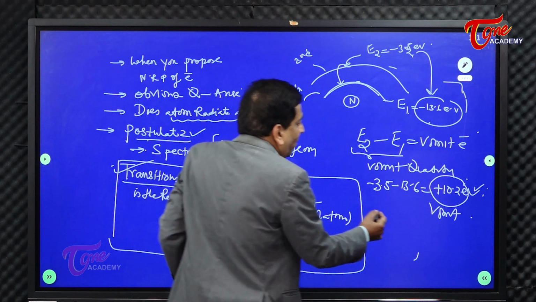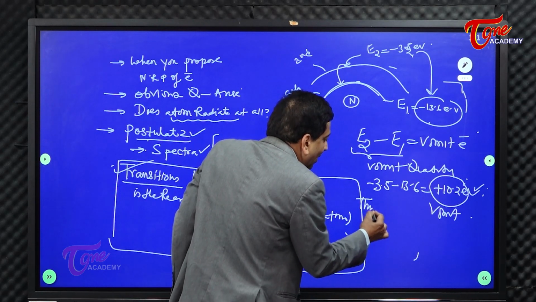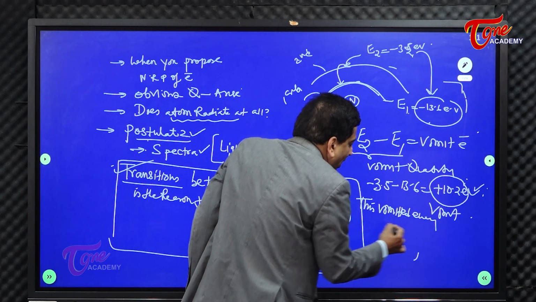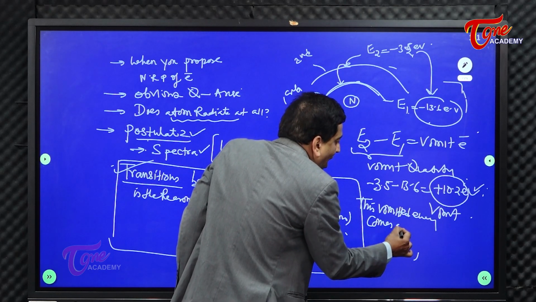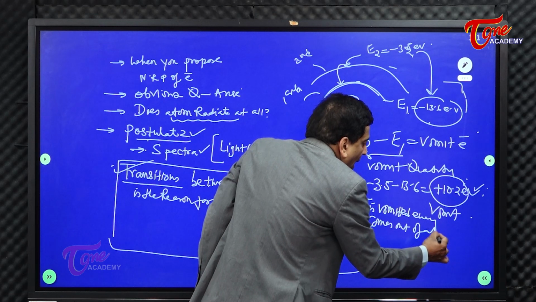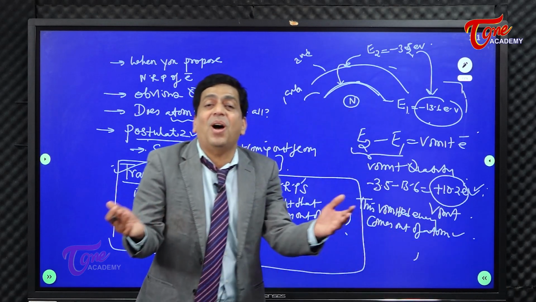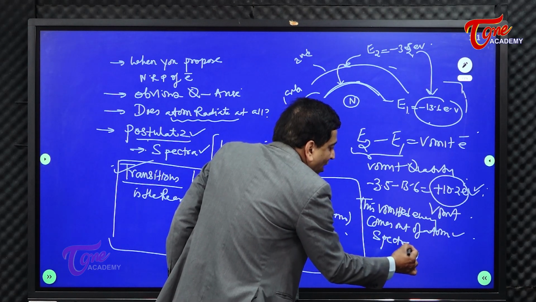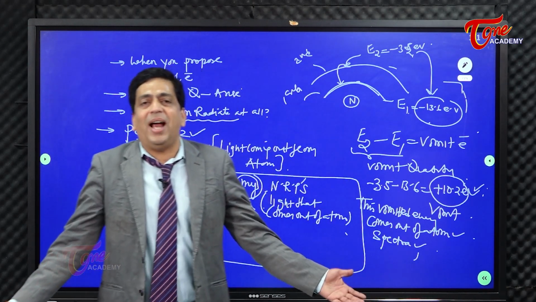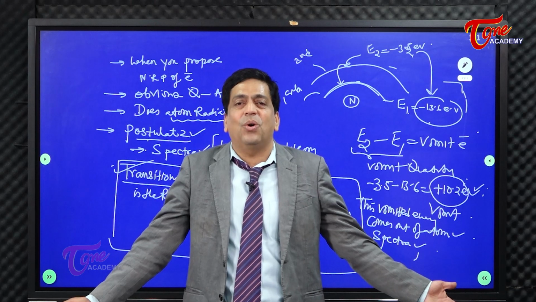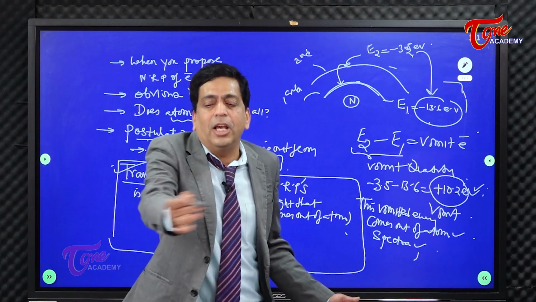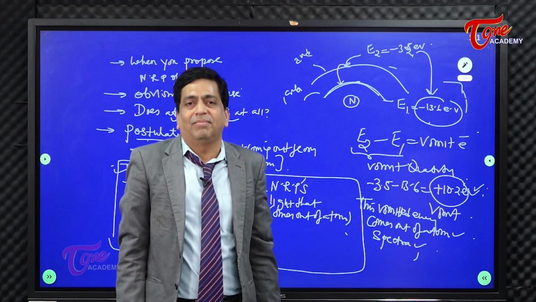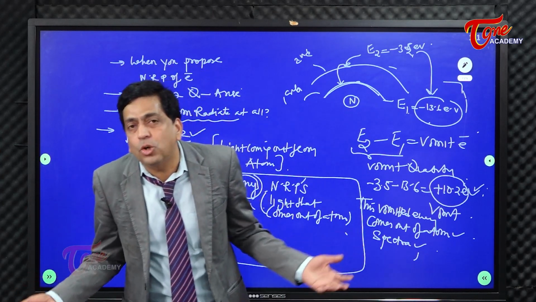Now this vomited energy comes out of the atom, and that is what is seen as a spectra. So understand that the electron revolving in the orbit is not vomiting energy, because the energy of the orbit remains constant.